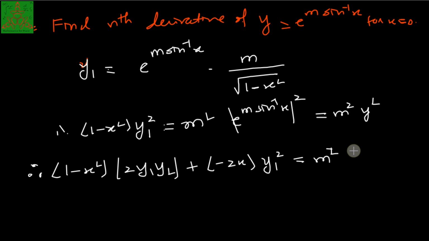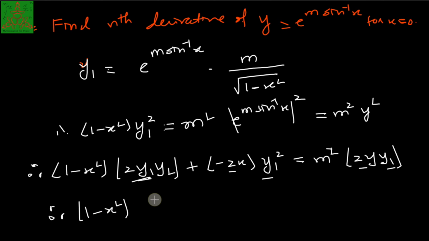A derivative of y square is 2y y1. And you just observe that 2y1 is common for all the terms and it cancels. So finally you will be left with (1 minus x square) y2 minus x y1 is equal to m square y. So we have divided by 2y1 and all the terms get cancelled.